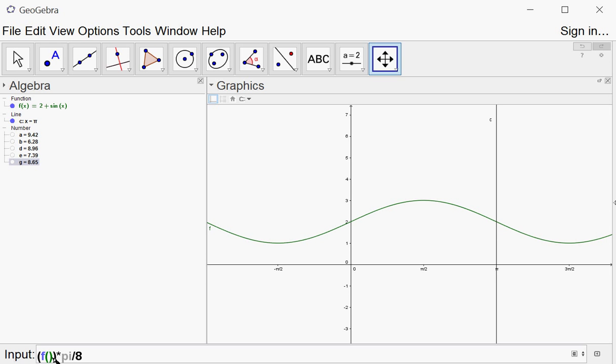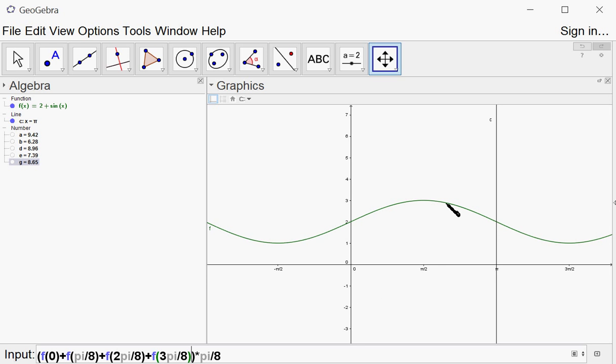So we would have f of 0 for the first one, f of pi over 8 for the second one, f of 2 pi over 8 for the third one, and then f of 3 pi over 8 for the fourth one, right? And that's the first four.